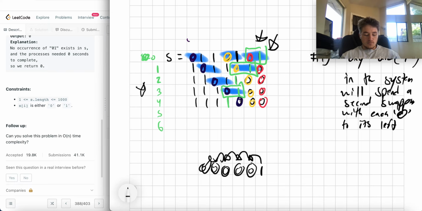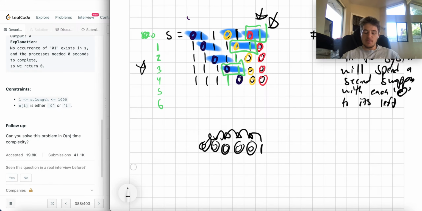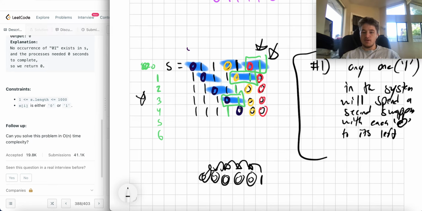Well, I guess the second observation, which is a little bit more difficult than this first one, because this first one kind of intuitively makes sense, right? You have zeros to your left, you have to swap with those zeros.